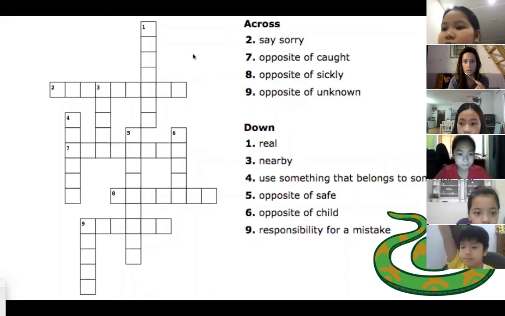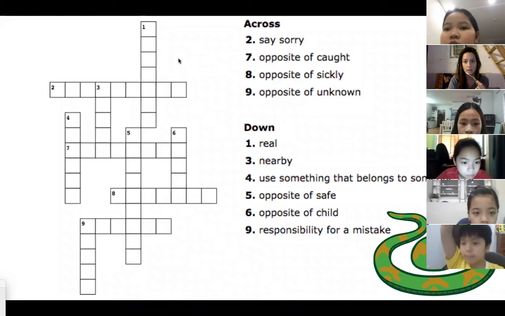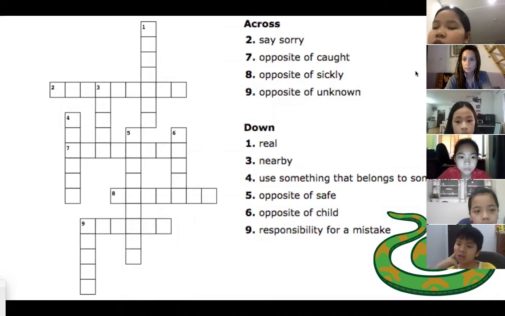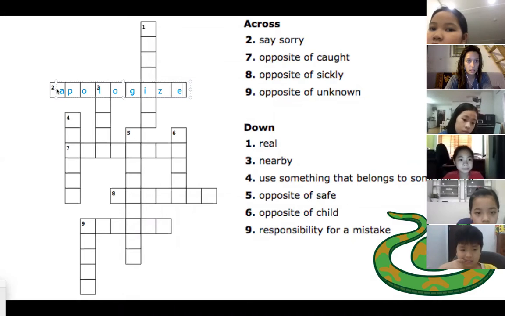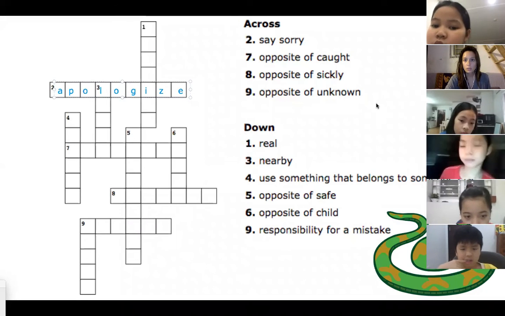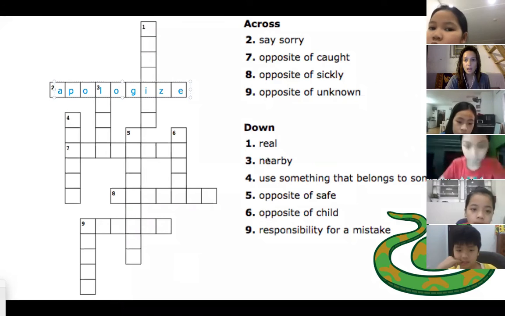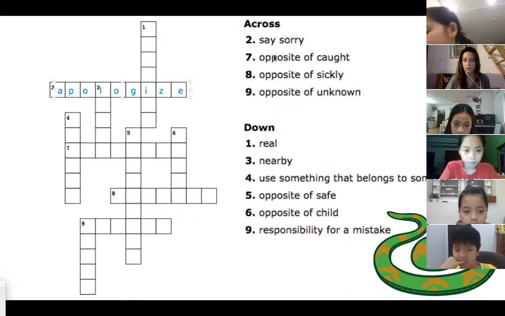So let's look at 2 across. Who can tell me a word that means to say sorry? Apologize. Good job. So that's number 2. Number 7 across: the opposite of caught. What is an antonym for the word caught?